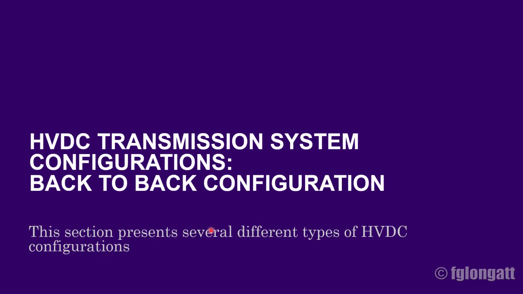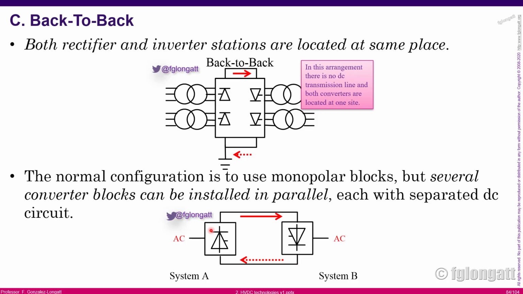Over here I have the back-to-back configuration. The back-to-back configuration is typically when we have an inverter and a rectifier located at the same place, okay? You can imagine the rectifier and the inverter located in the same space, or with a very, very short line interconnecting the inverter and the rectifier, okay?